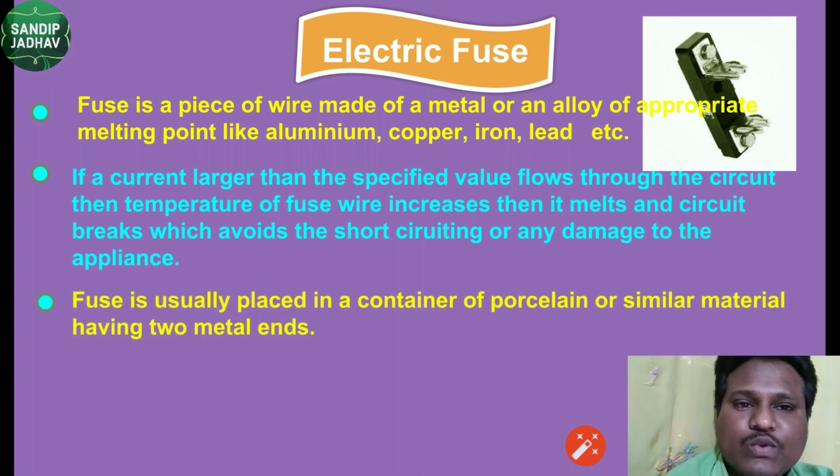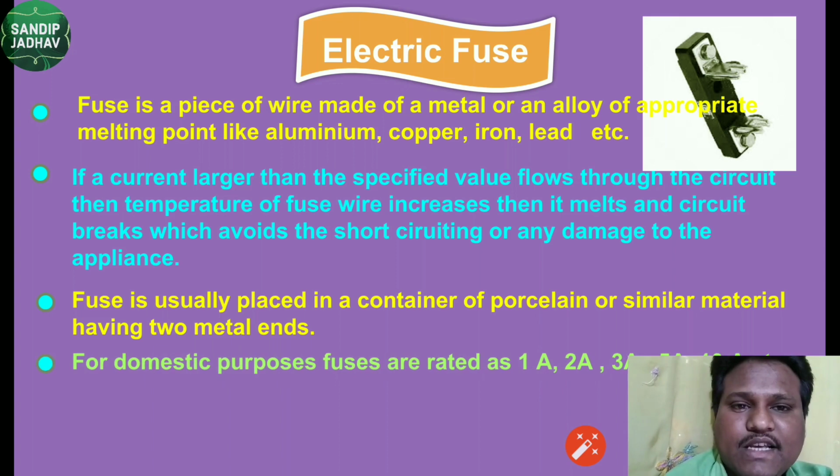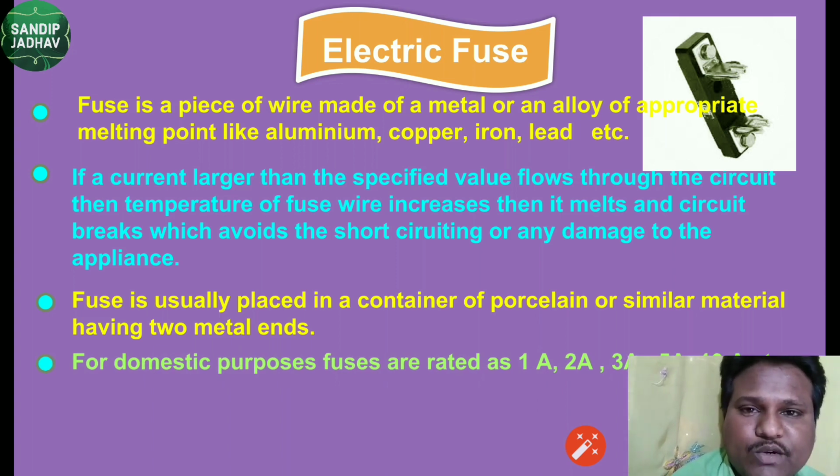A fuse is usually placed in a container of porcelain or a similar material having two metal ends. You can observe in the figure there are two metal ends or two terminals in a porcelain material. And the last topic is that for domestic purposes, fuses are rated as 1 ampere, 2 ampere, 3 ampere, 5 ampere and 10 ampere. So I have a question for you.